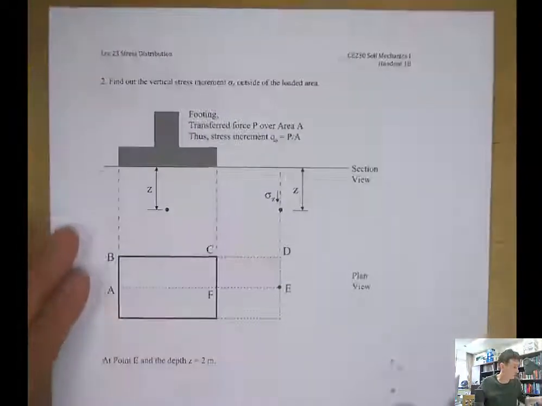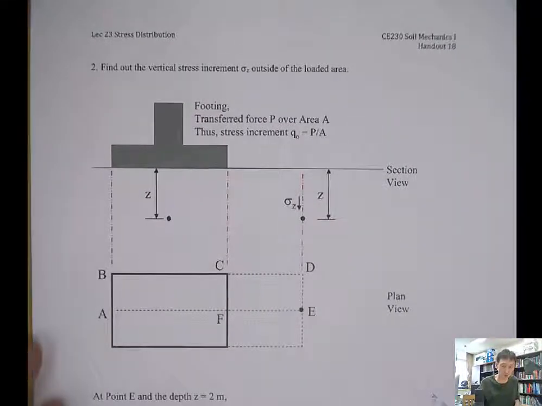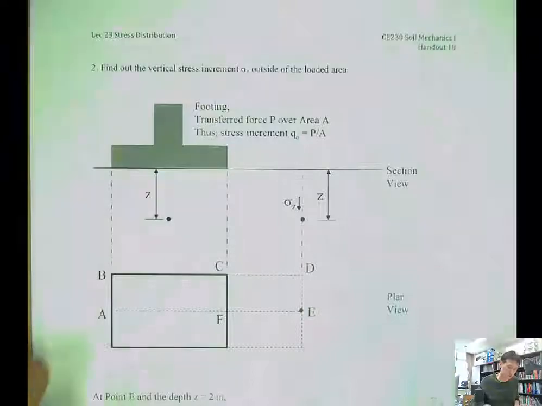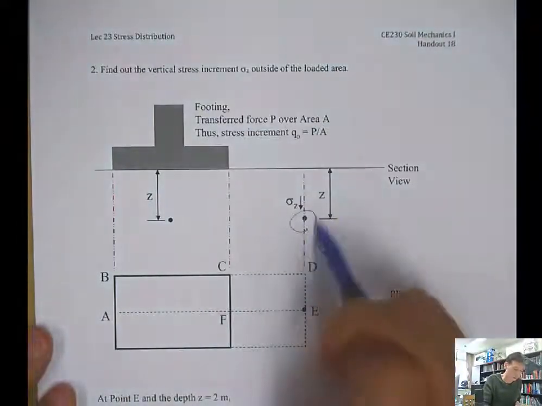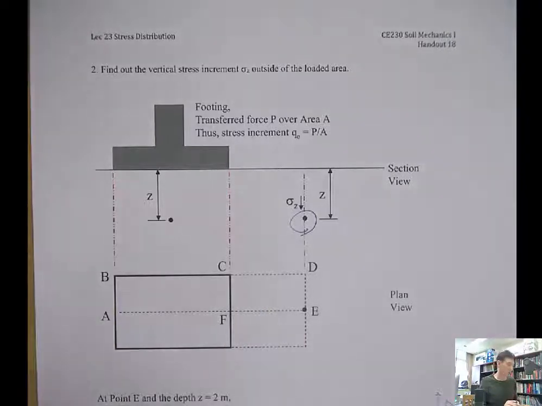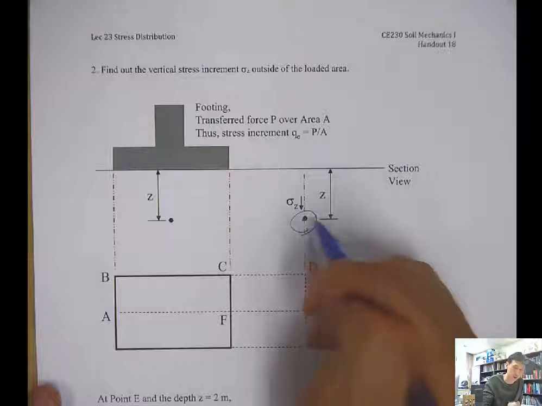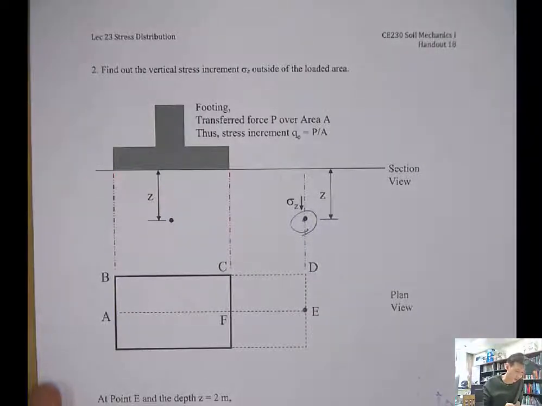Okay, next one. Find out the vertical stress increase outside the loaded area. Yeah, so even though this location is outside this footing area, the soil may feel the stress increase. Then can we get one? In theory, yes. If we use the Newmark solution and just the same rule, we can get the sigma z at the location here, outside of the loading area.